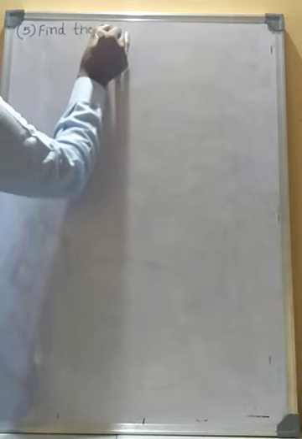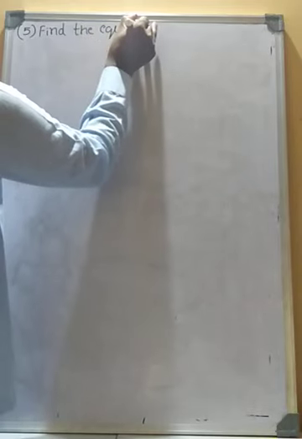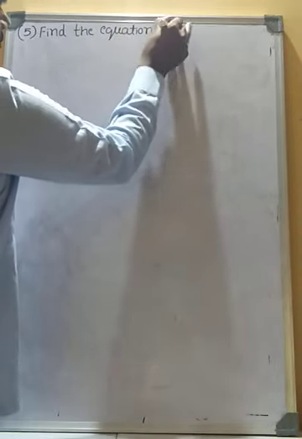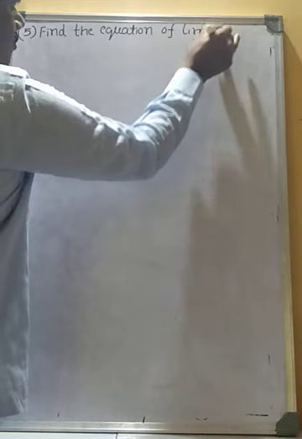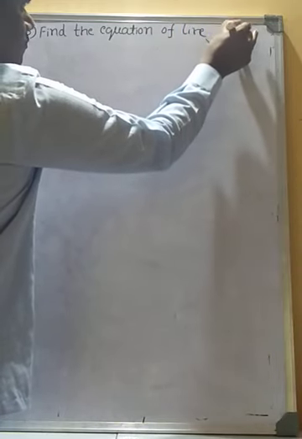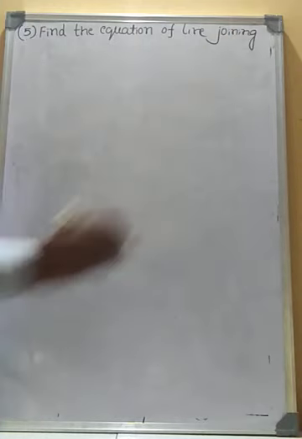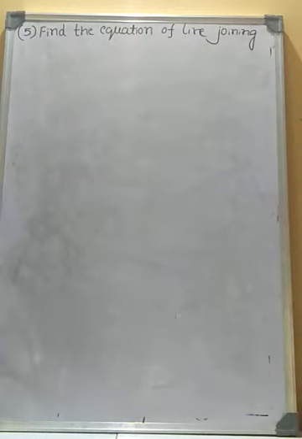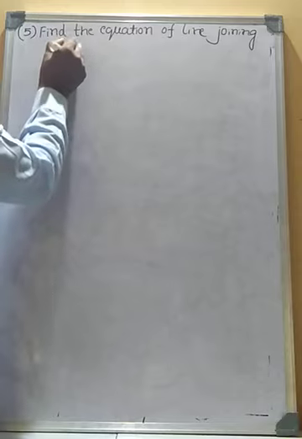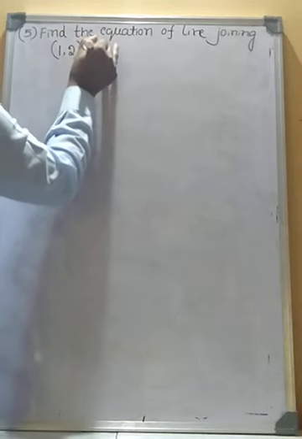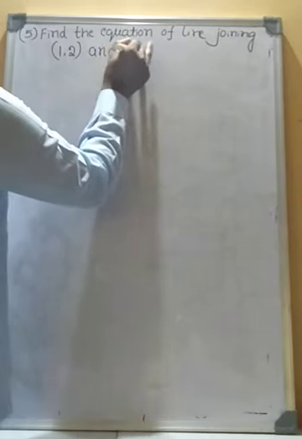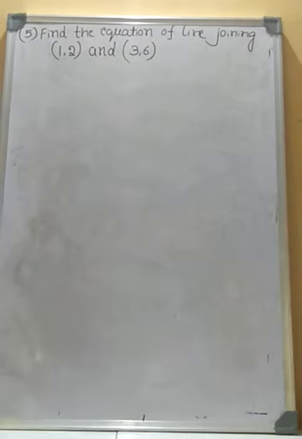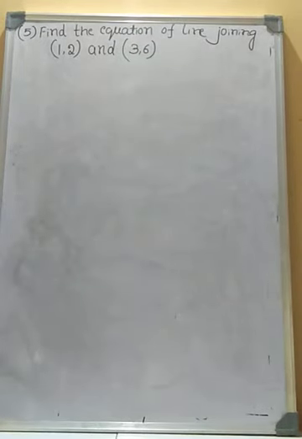Example 5. Find the equation of line joining 1 comma 2 and 3 comma 6 using determinants.